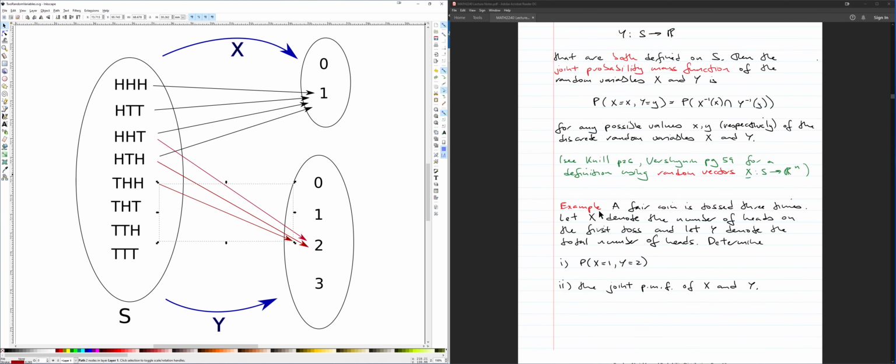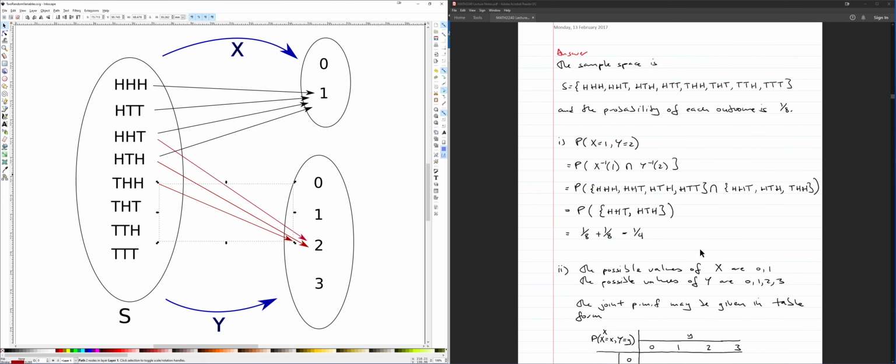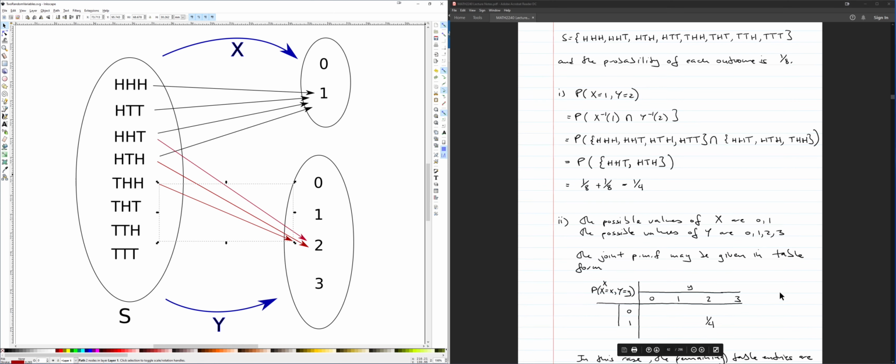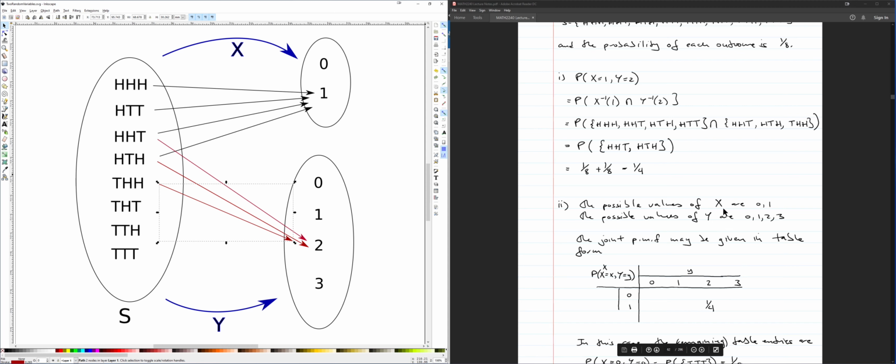Now, how you can state your PMF is you can state it in a table form over here, right? So notice in this table over here, you're going to have 8 entries. This is indexed by the x values, and this is indexed by the y values. Your possible values for the x, as I said, would be 0 and 1, and possible values for the y would be 0, 1, 2, and 3, right?